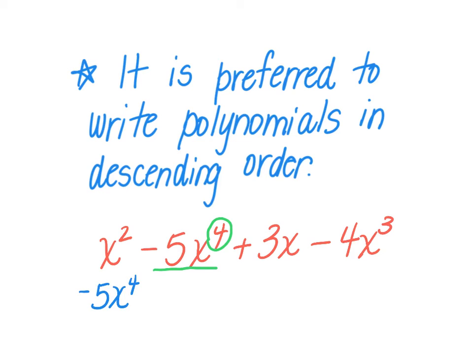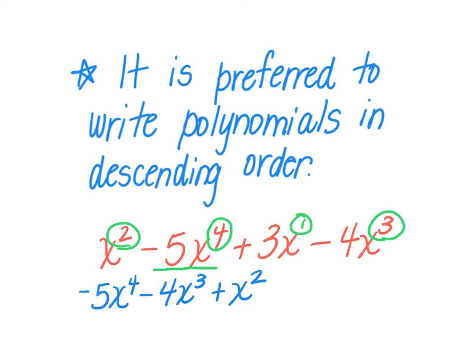The next power would be our third power, so that would be our next term, minus 4x cubed. The next term would be our squared term, a positive x squared. And then the last term would be our x to the first power.